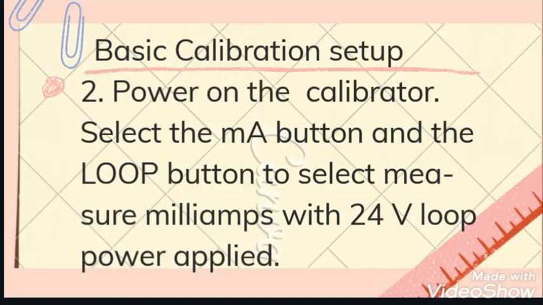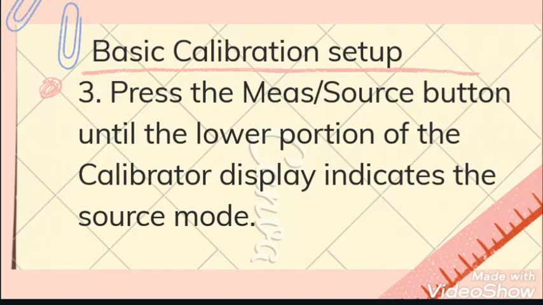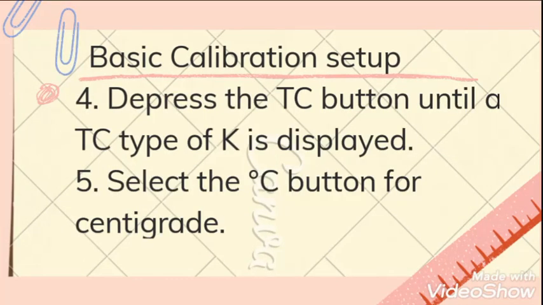Power on the calibrator. Then we will select the milliamp button and the loop button to select measure milliamps with 24 volt loop. Then we will press the measure or source button, which is marked measure or source, until the lower portion of the calibrator display indicates the source mode.